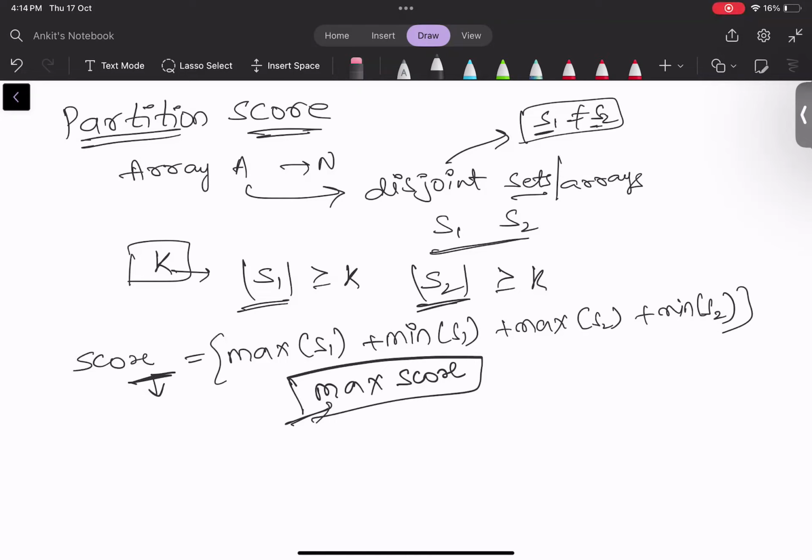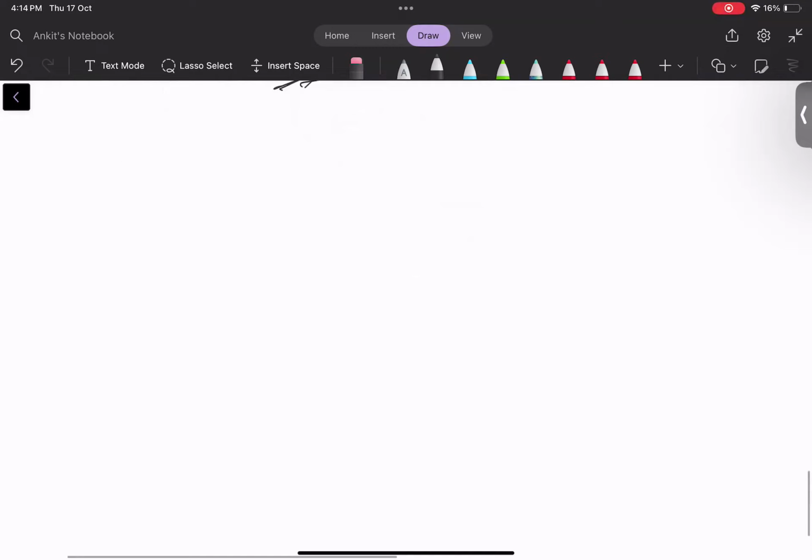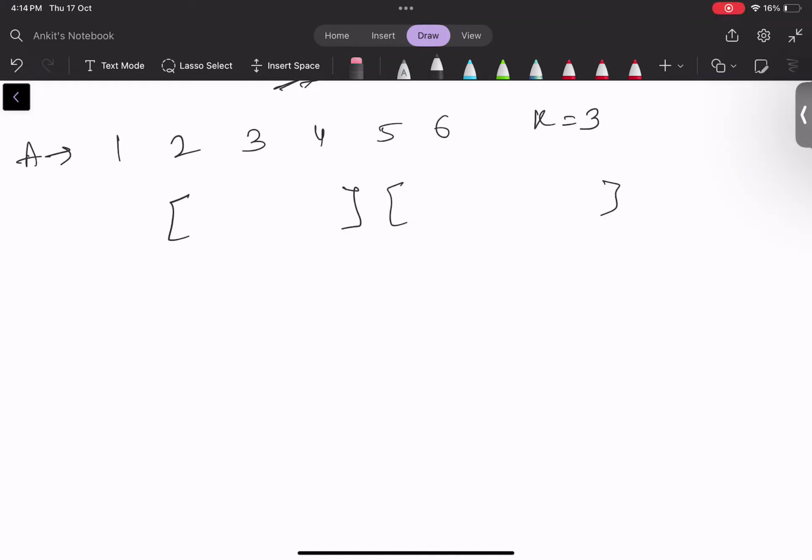That means we have to maximize this value. Let's take an example and see how this actually works. Let's say we have A as 1, 2, 3, 4, 5, and 6, and K is equal to 3. That means as we have 6 elements, S1 will have some elements, S2 will have some elements.